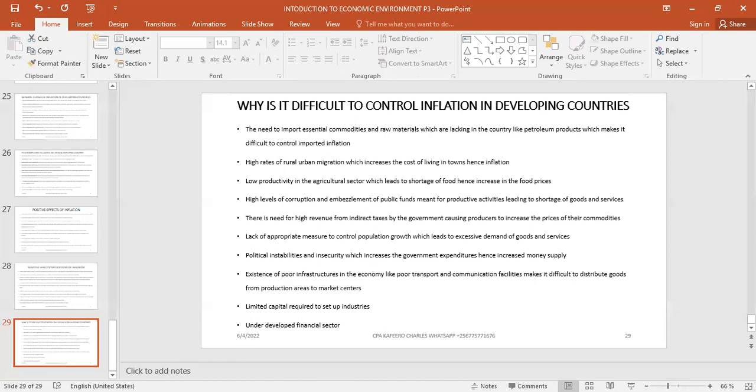So when they do so, we expect that the production is going to stay poor, and the people have not received the service they are supposed to receive. So it's going to increase the prices. As a result of the increase in prices, we expect that inflation is going to result.